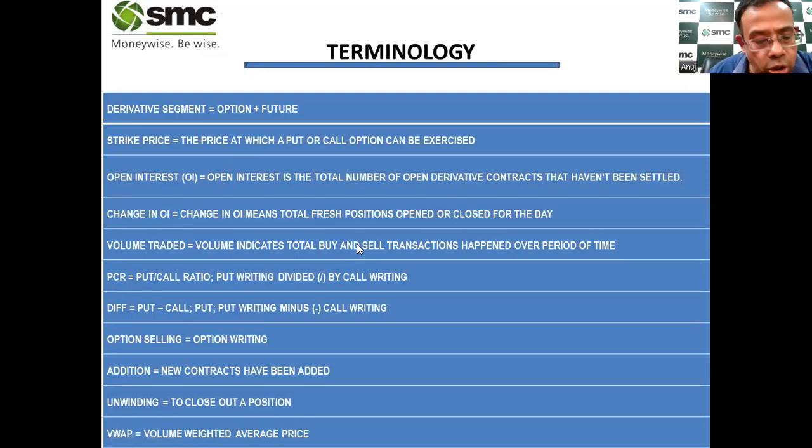And last but not the least, VWAP is volume weighted average price. There is a concept of average price, and when we combine volume with that average price concept, we get volume weighted average price. We will discuss it a little later, but for the sake of terminology, you should know these terminologies.